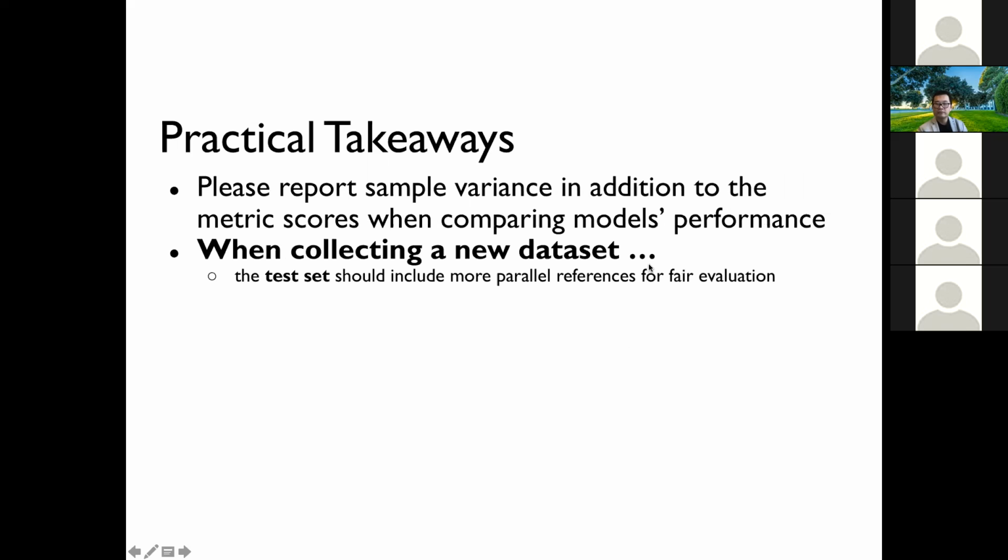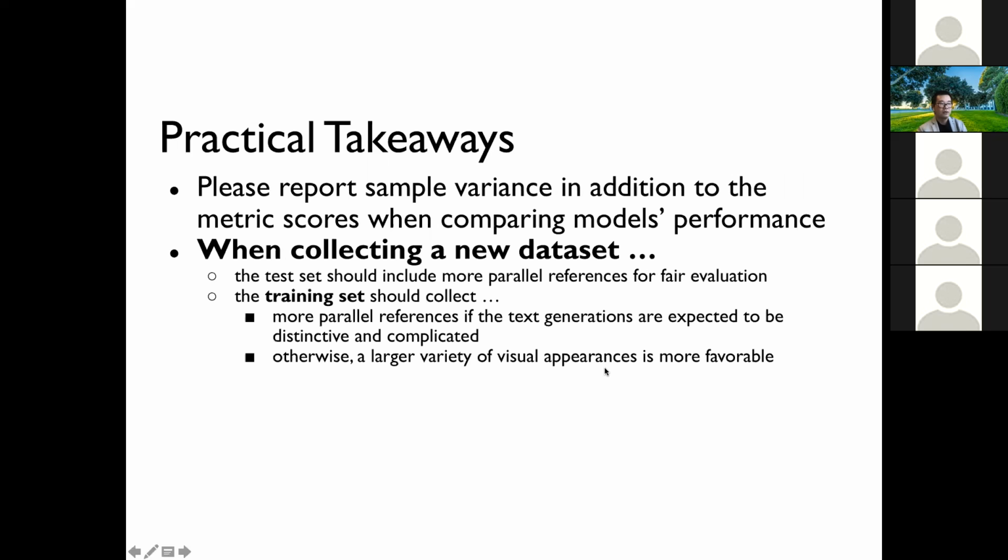The other thing I want to mention is that if you are going to collect a new dataset, then you need to think about whether you should include more human references or fewer human references, for instance, to improve the evaluation. What we observe is that this really depends on the application.